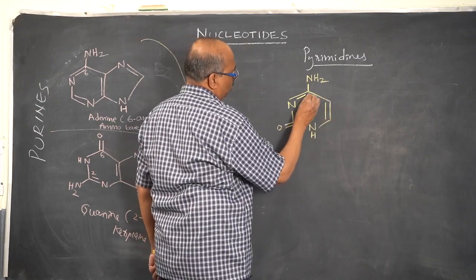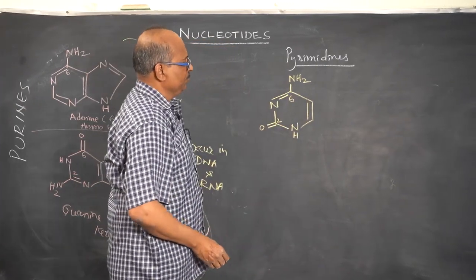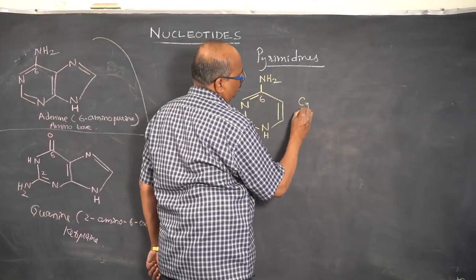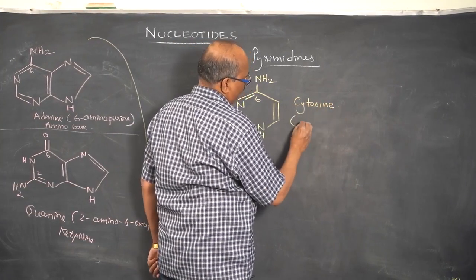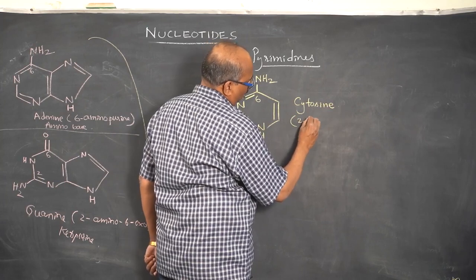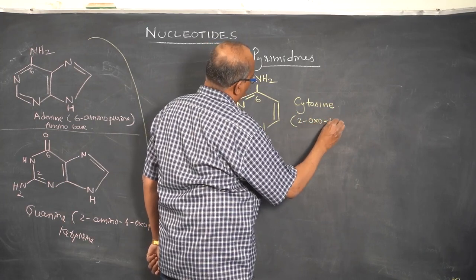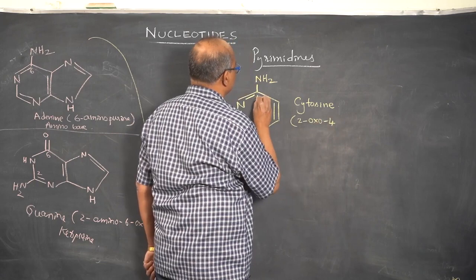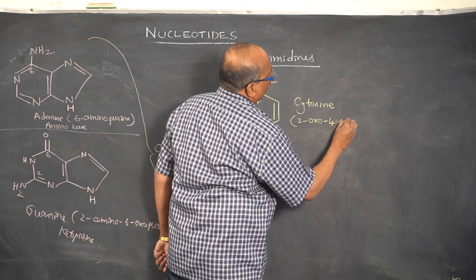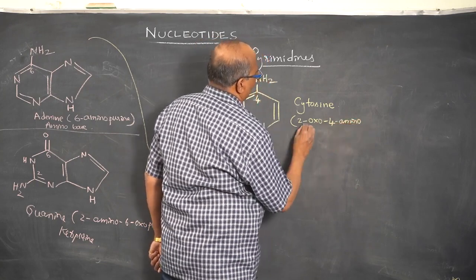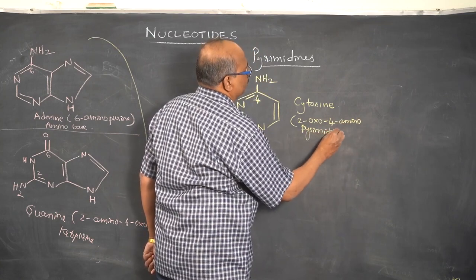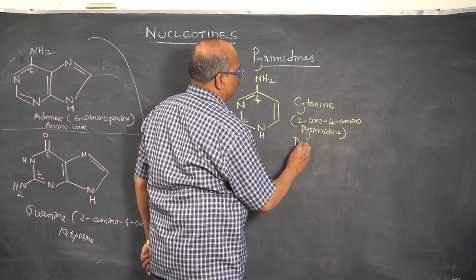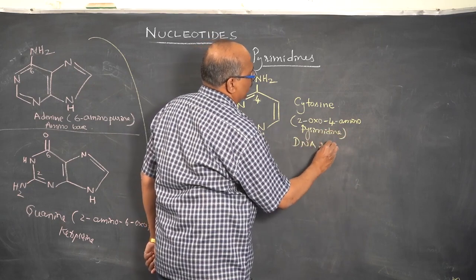So 2, 6. This is called cytosine. So it is 2-oxo 4-amino pyrimidine. We have it in DNA and RNA.